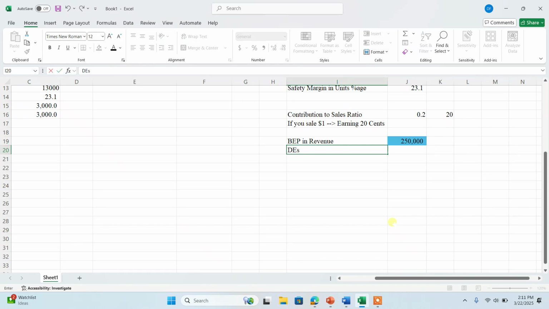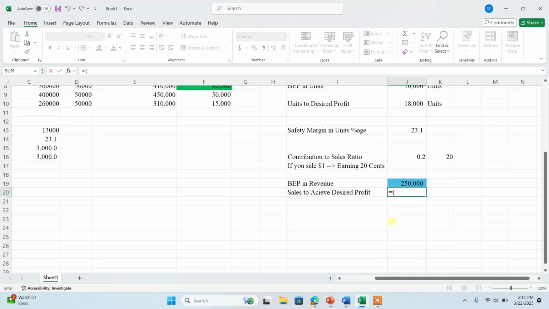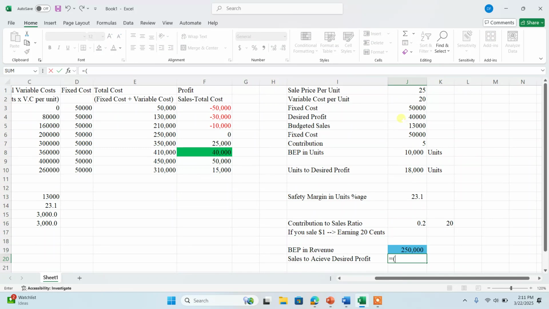So to achieve the desired profit, what is the formula? The desired profit of 40,000 plus the fixed cost, and then divided by the contribution to sales ratio.